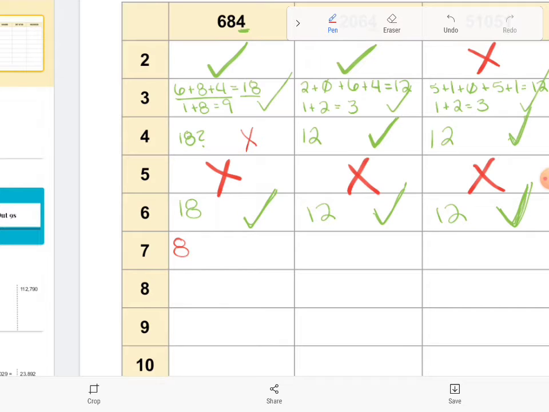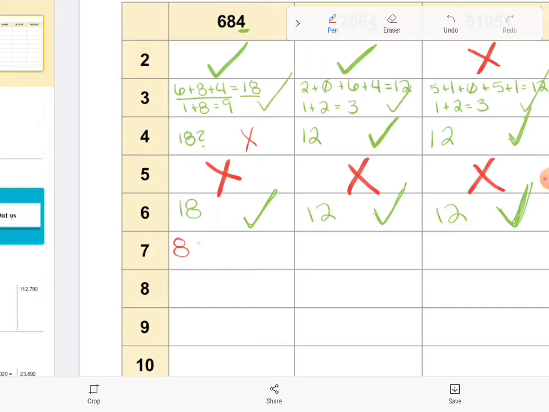Let's see, so we're going to do 680 minus 8. Our number is actually going to come up not as negative 96. It's going to come up as 672.